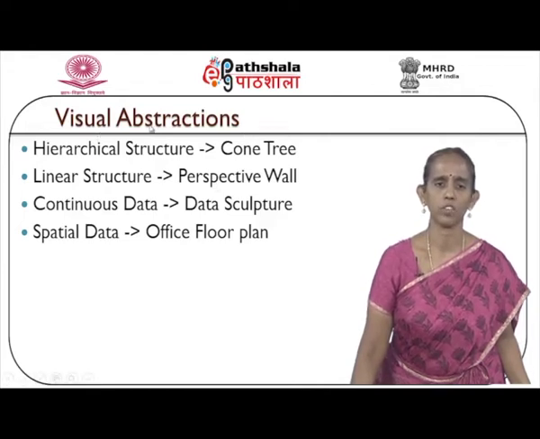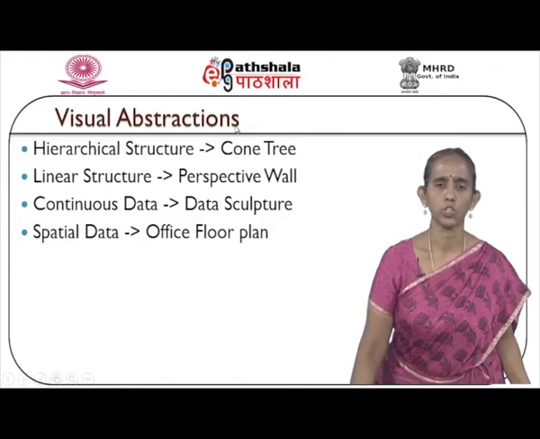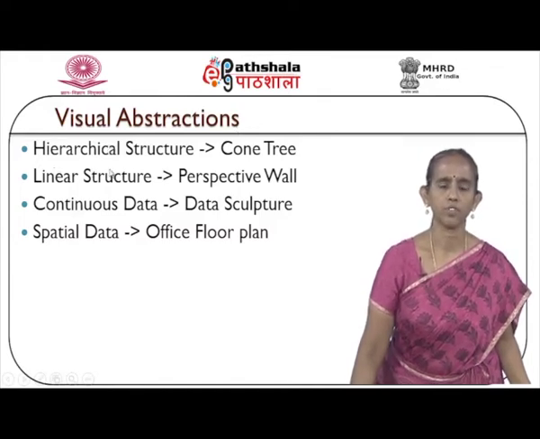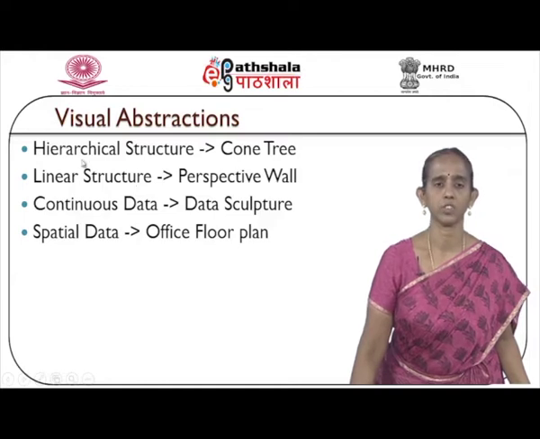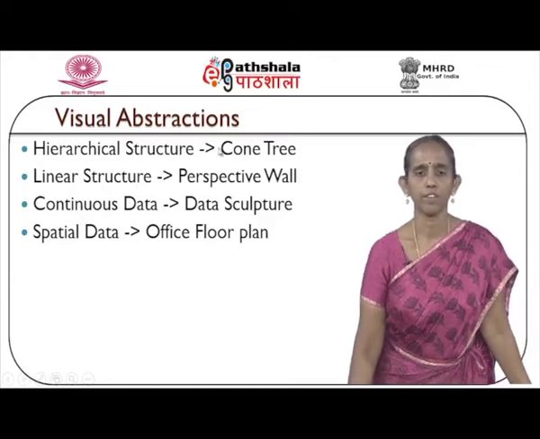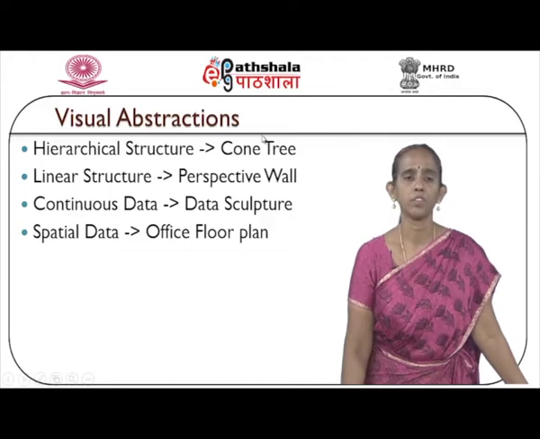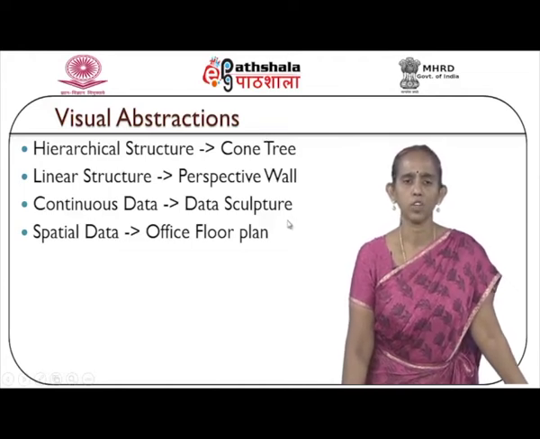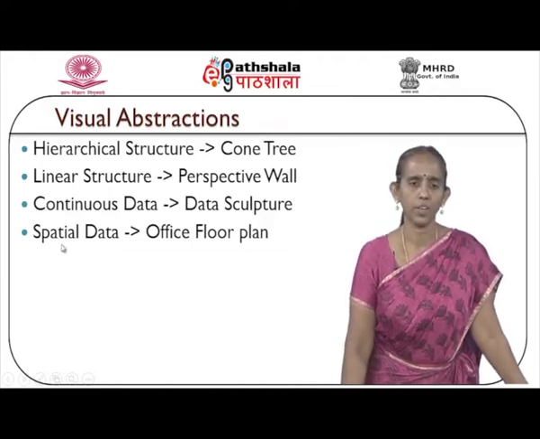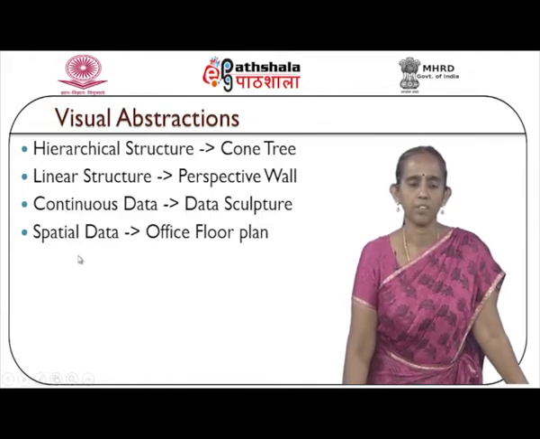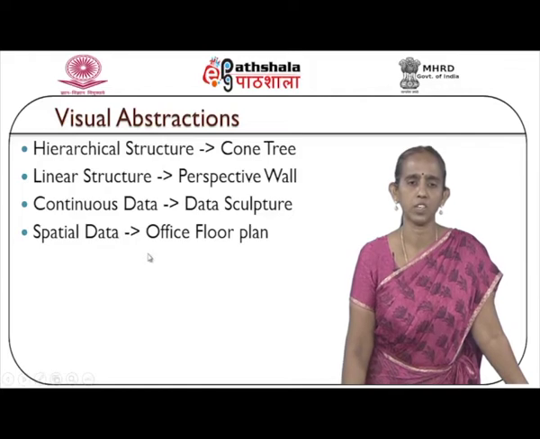Those are called visual abstractions, which are not shown to the end user's eye. Some examples of such structures are hierarchical structures, where examples are cone trees. Then we have linear structures. Examples are the perspective wall. We have continuous data displacement, which is in the form of data sculpture, and we have spatial data representation. An example is the office floor plan.